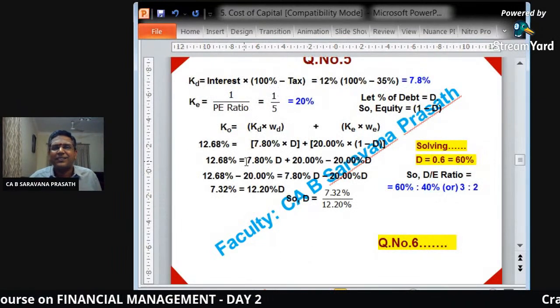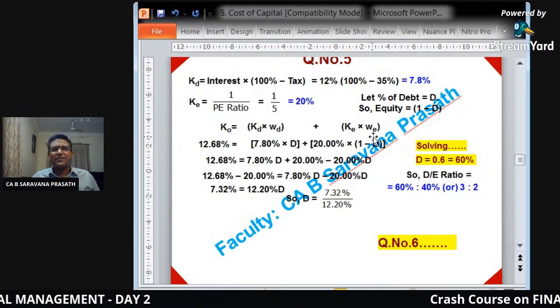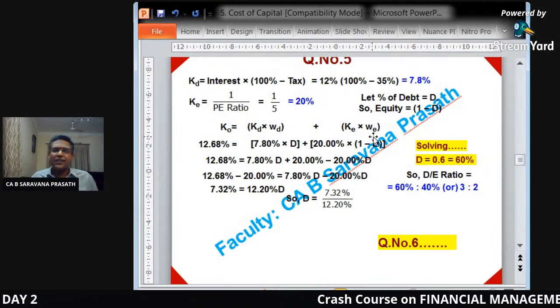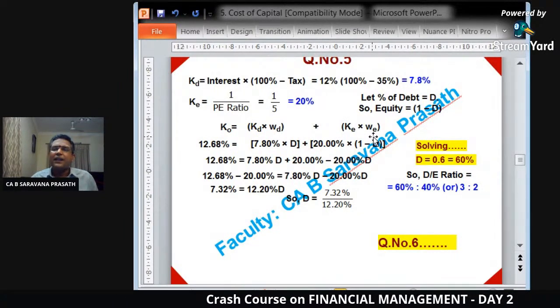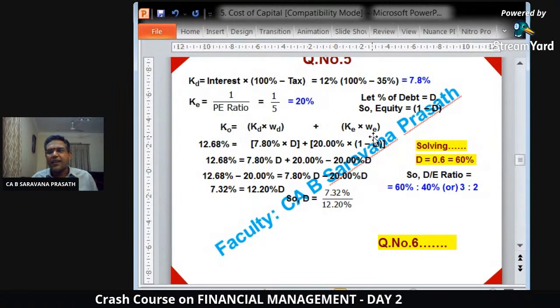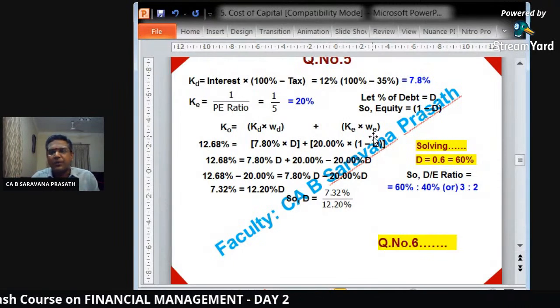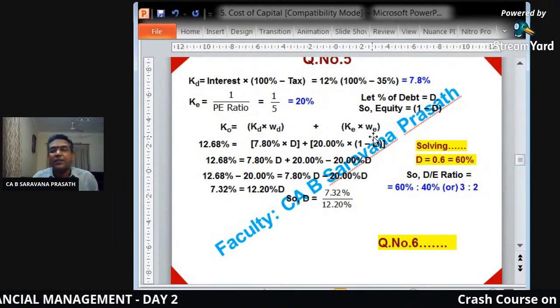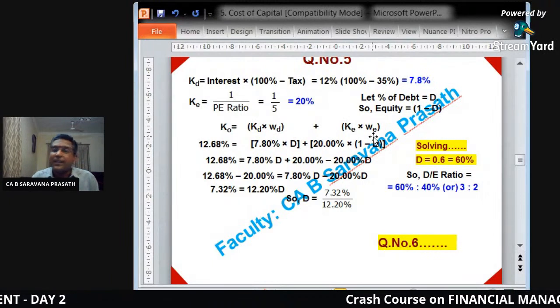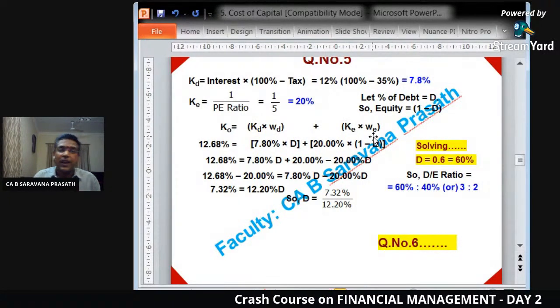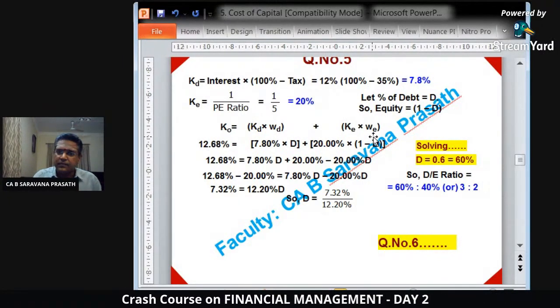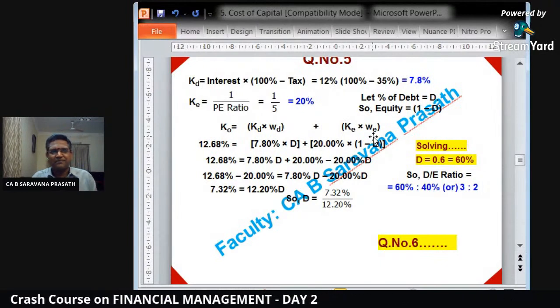First number as discussed, KD is equivalent to 7.8%. Then KE is equivalent to 20%. Let percentage of debt be D. So percentage of equity is equivalent to 1 minus D. We write the equation KO is equivalent to KD into WD plus KE into WE.